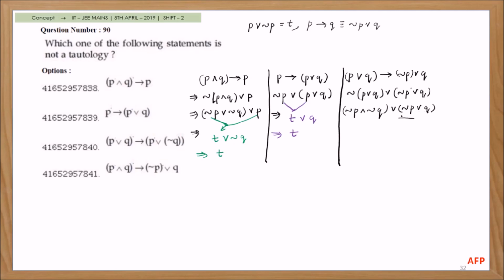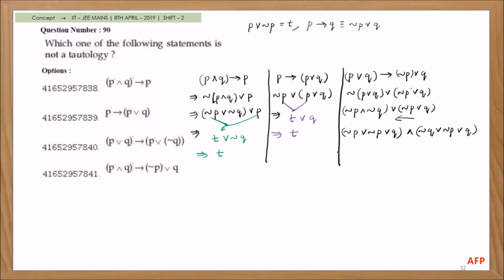In this direction you have to apply: (not P or not P or Q) and (not Q or not P or Q).